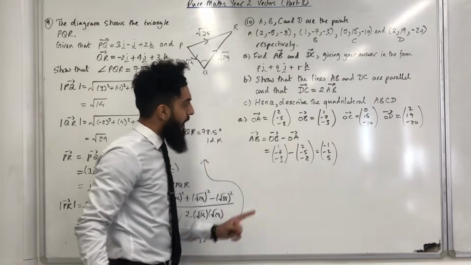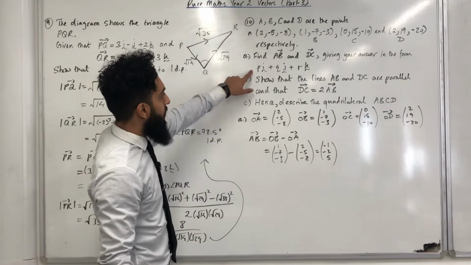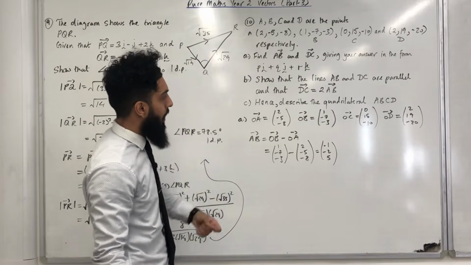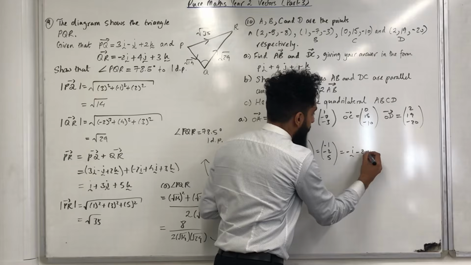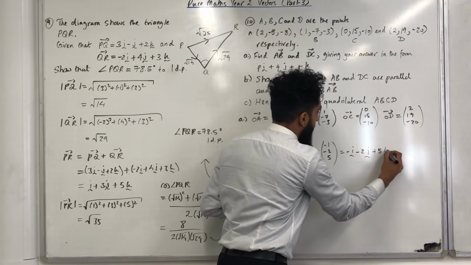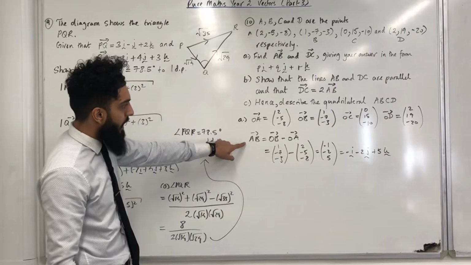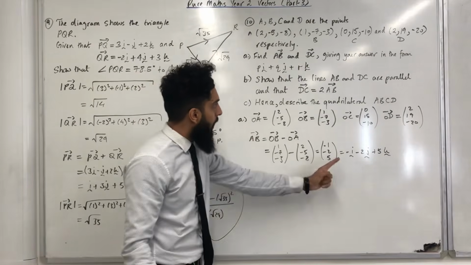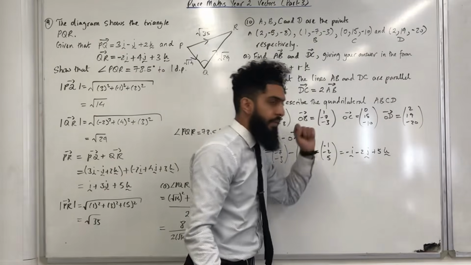We need to rewrite this column vector in the form pi plus qj plus rk. In this case, it will be minus i minus 2j plus 5k. So for the vector AB, p will be minus 1, q will be minus 2, and r will be 5.